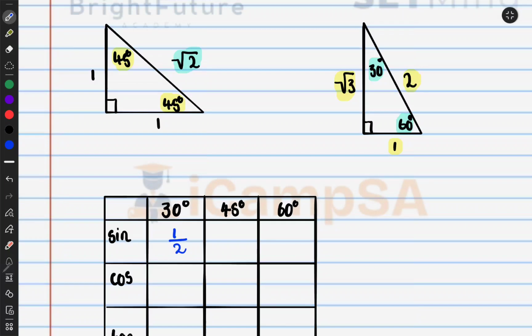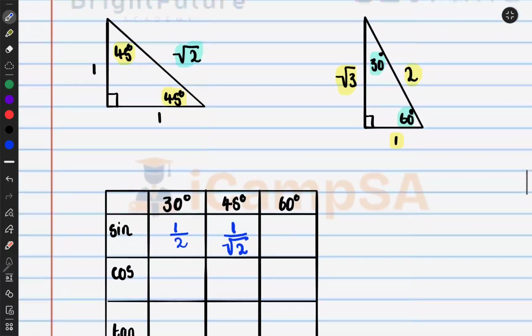Then sine of 45 degrees: the side facing 45 degrees is 1, and the hypotenuse is root 2. So sine of 45 degrees is always going to be 1 over root 2.